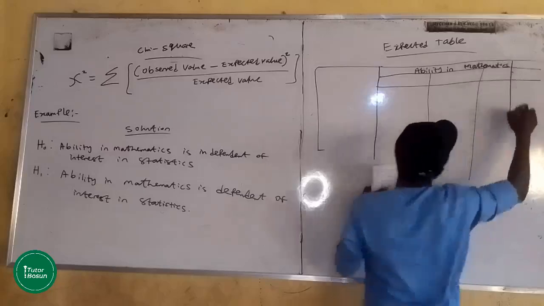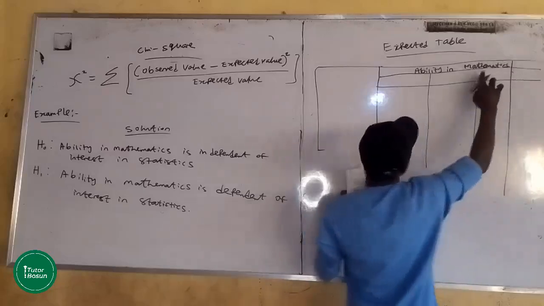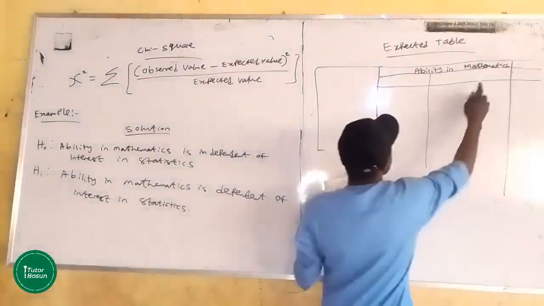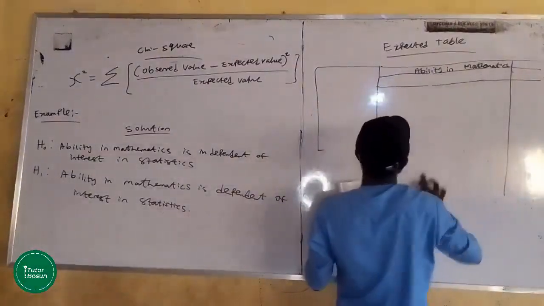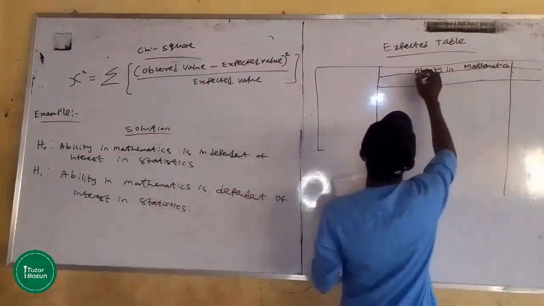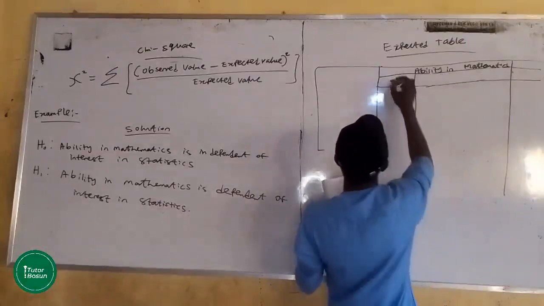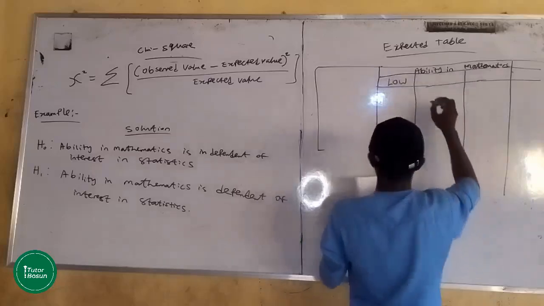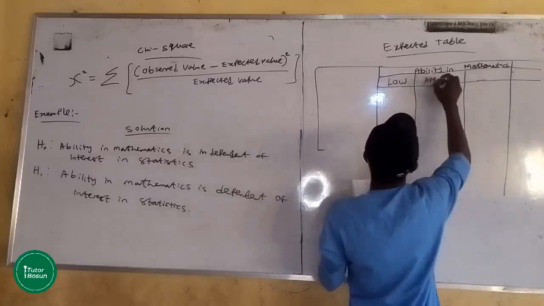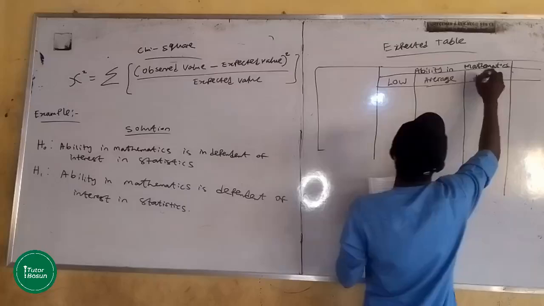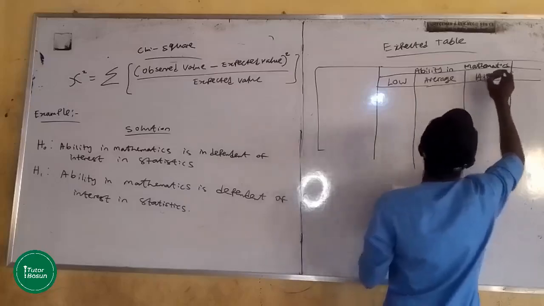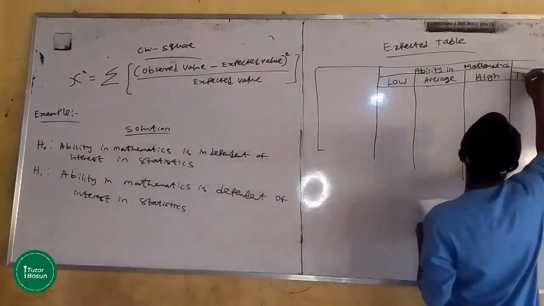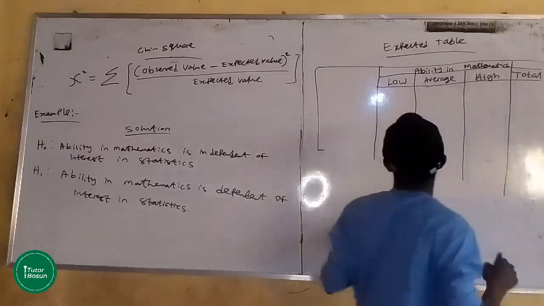I'll be dividing it into 4 because we need to create a different column for your total. Ability in mathematics. Here we have this to be for low, this to be for average, and this to be for high. Low, average, and high. And you can have this to be total.